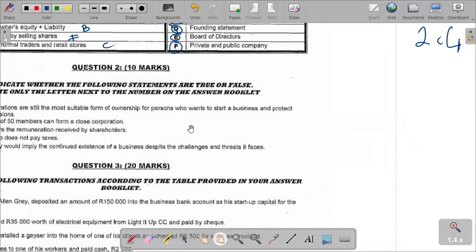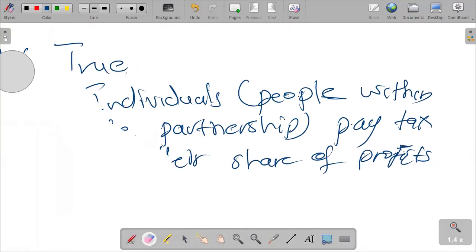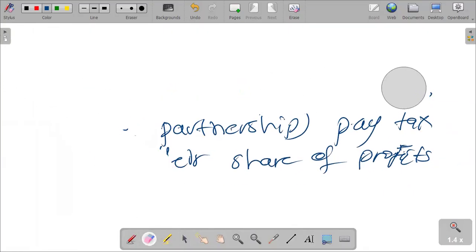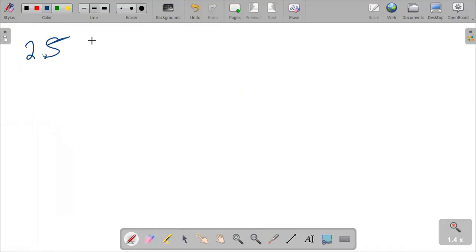All right. So 2.5 is true because a business will succeed if it's sustainable.